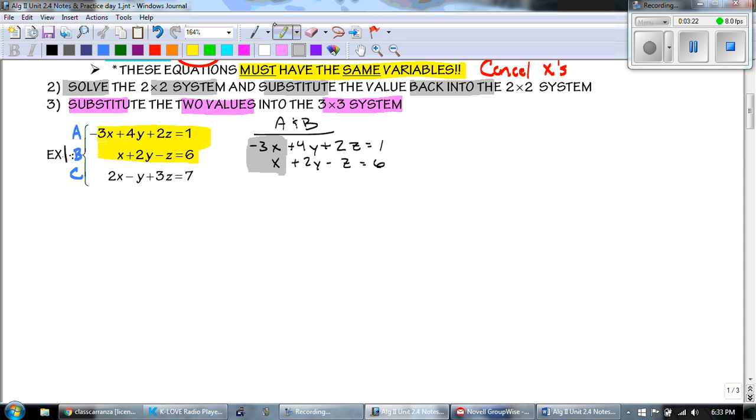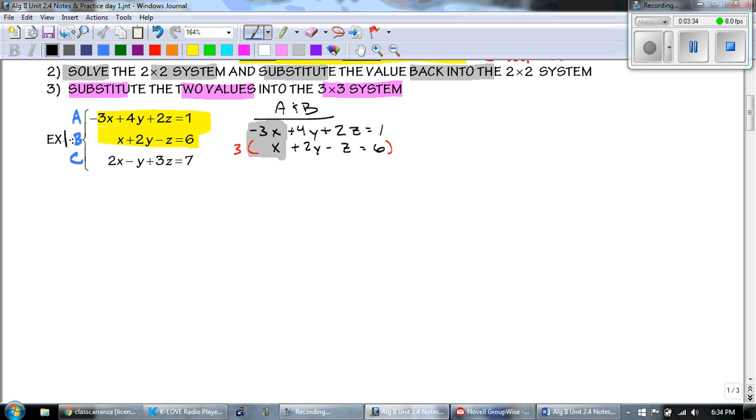So if I'm going to cancel the x's, I need a positive 3 right here. So to get a positive 3 right there, I'm going to multiply everything by positive 3. Now, my top equation stays the same. So I have negative 3x plus 4y plus 2z equals 1.